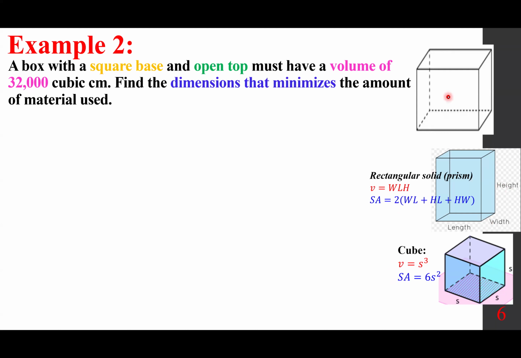So what happens here? Define your variables. X by X by H because it's a square base. The objective is to find dimensions that minimize the amount of material, so gift wrapping.